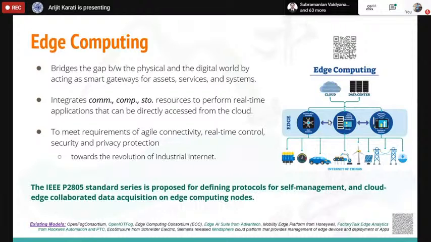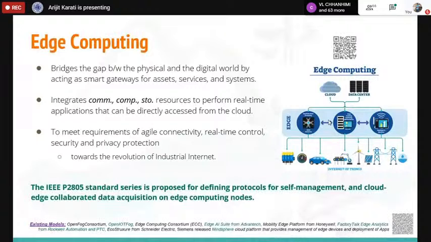We have seen that there are many standards, and the IEEE P2805 standard defines protocols, self-management, and cloud-edge collaborated data acquisition on the edge computing nodes.